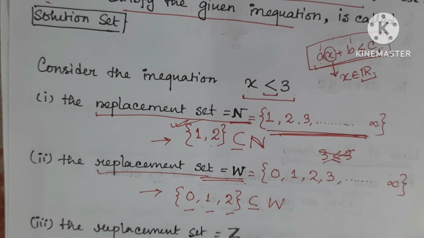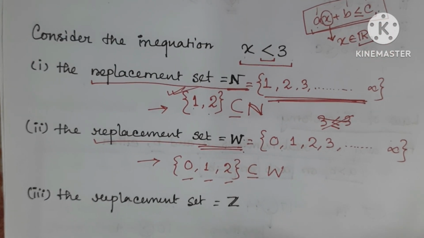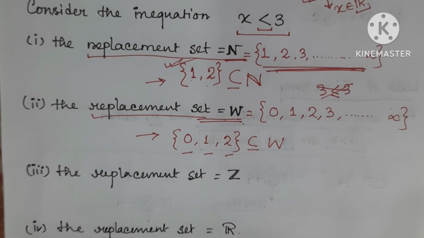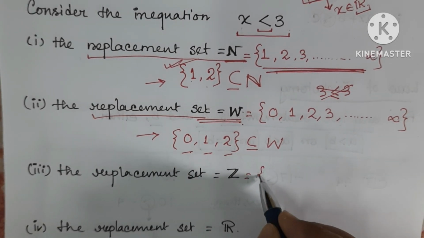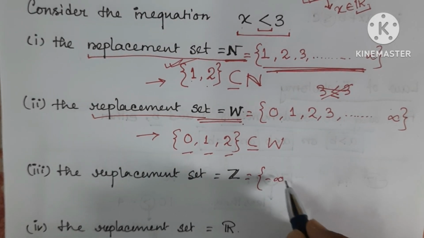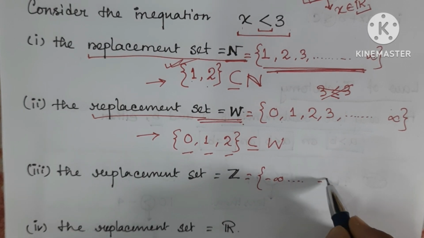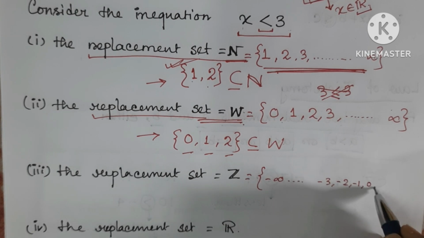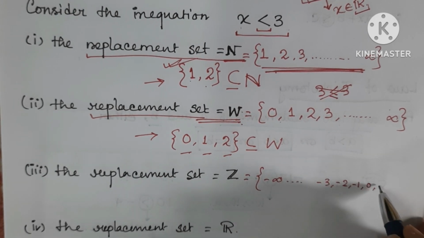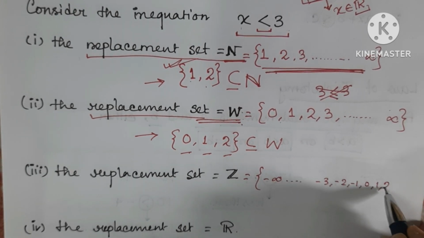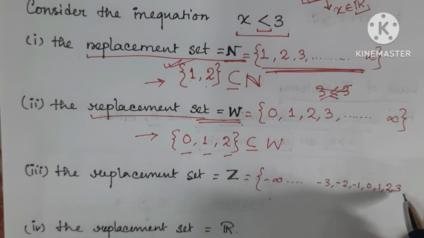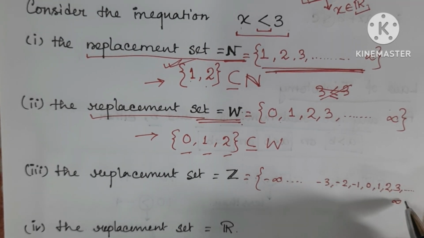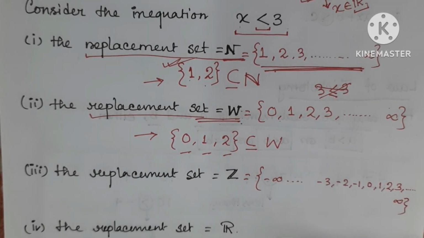Now, if the replacement set is Z, that means set of integers. So, what are the members? Minus infinity, minus 3, minus 2, minus 1, 0, all the negative numbers and all the positive numbers, like this counting numbers, up to infinity, okay.